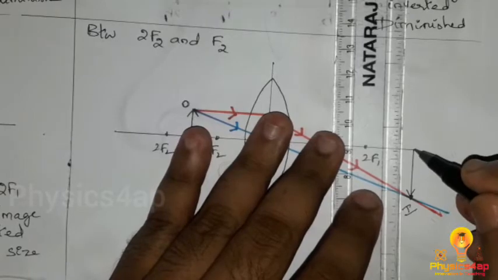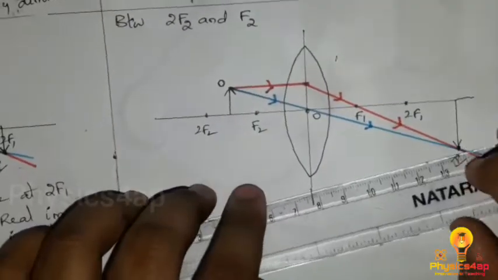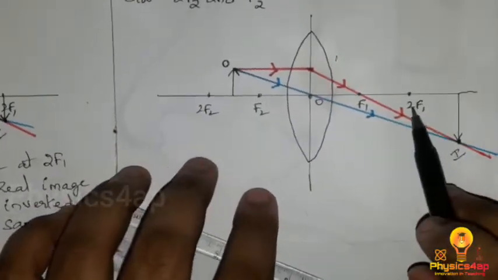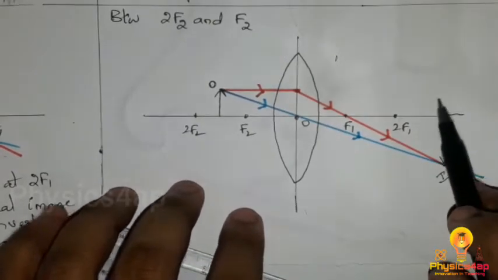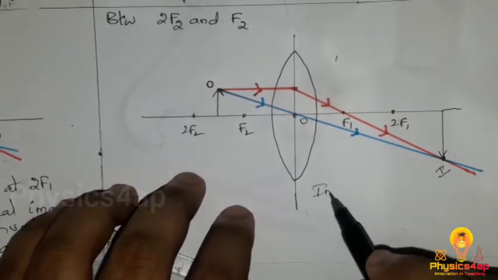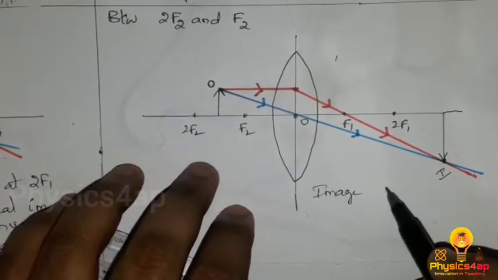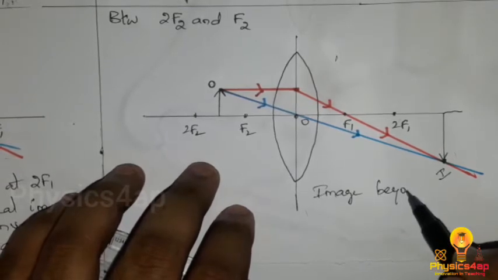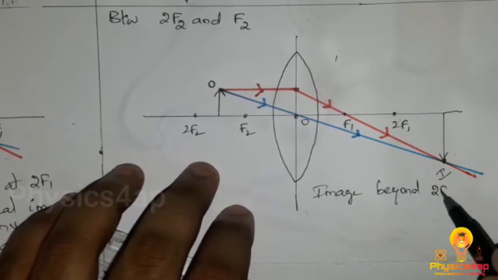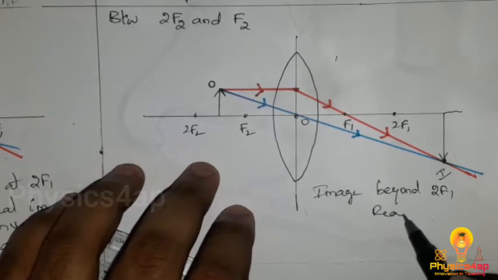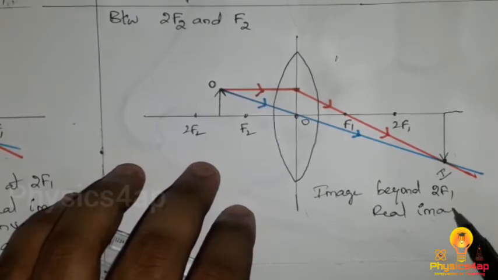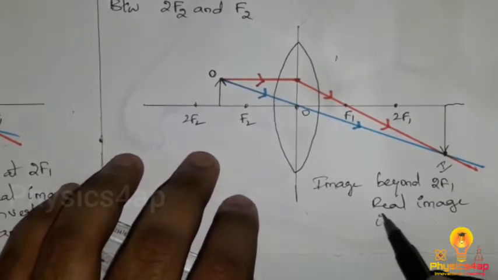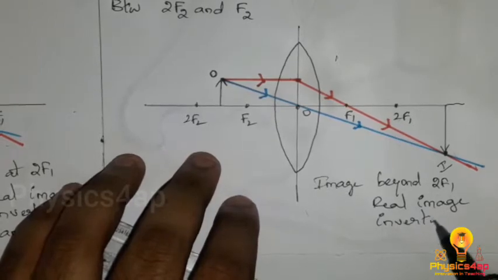Draw the arrow mark. The object is placed between 2f2 and f2, and the image is formed beyond 2f1. The image which is formed is real and inverted.